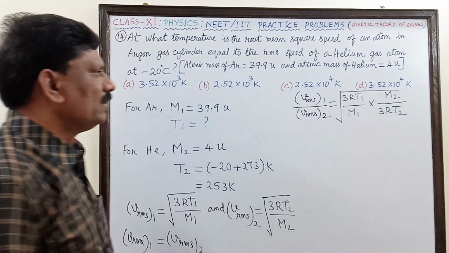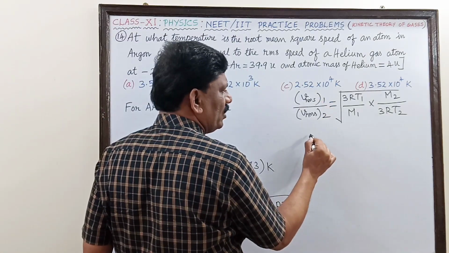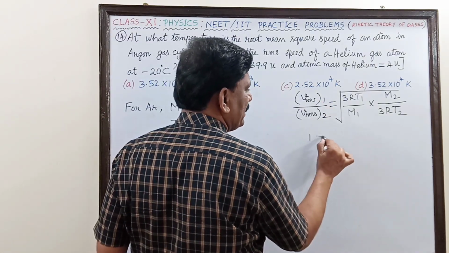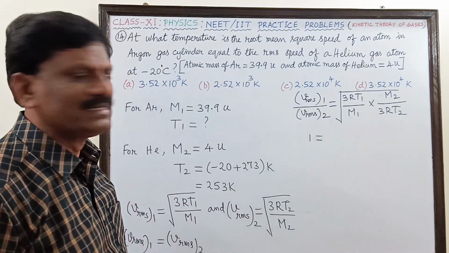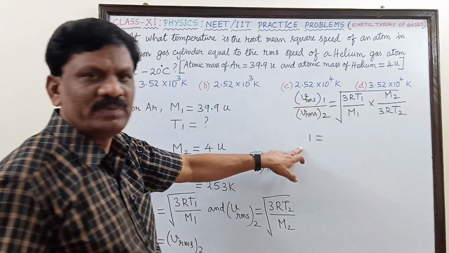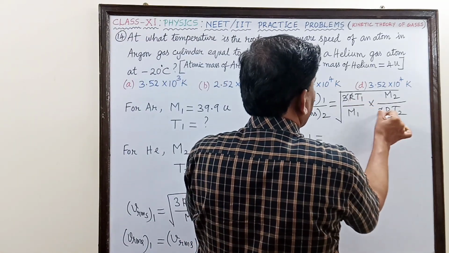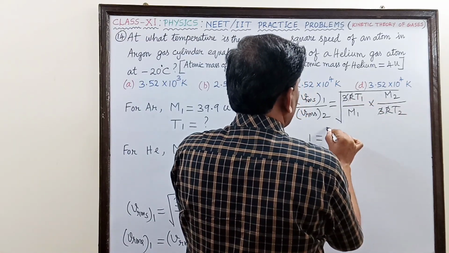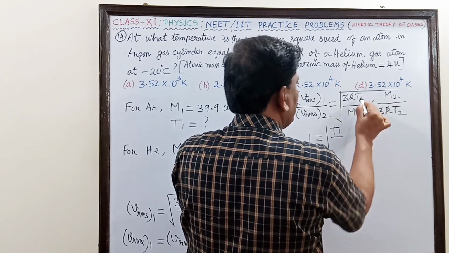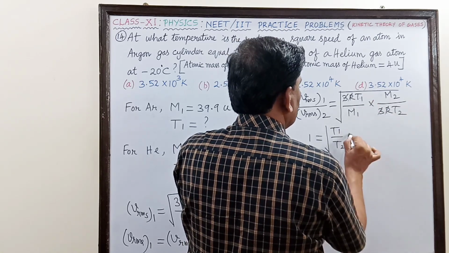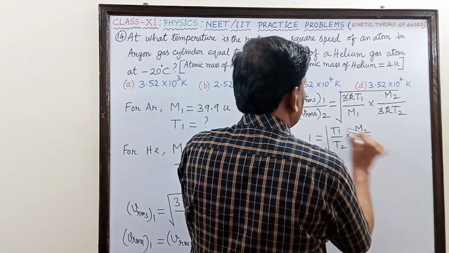Now the left hand side ratio is 1 by 1, because Vrms of both the gases are equal, they are given. Therefore the left hand side ratio must be equal to 1. On the right hand side, 3 and R get cancelled. So we get T1 by T2 into M2 by M1.